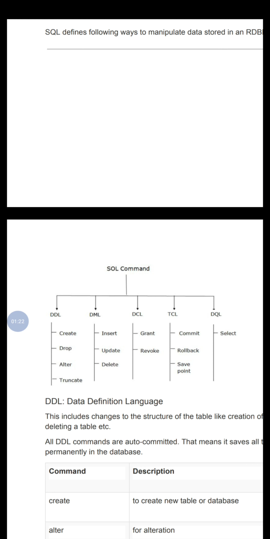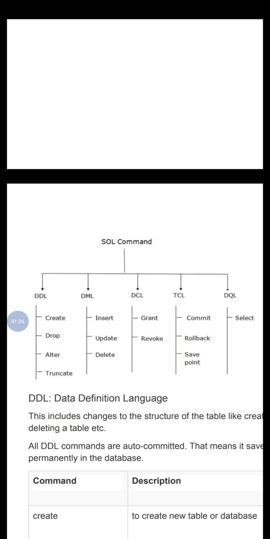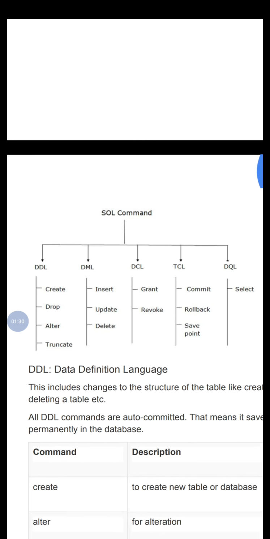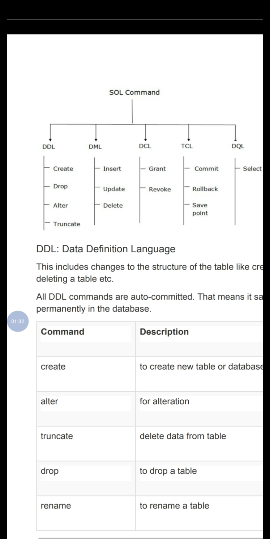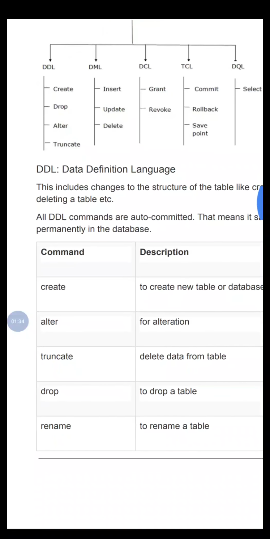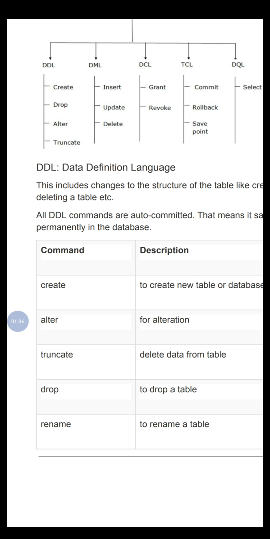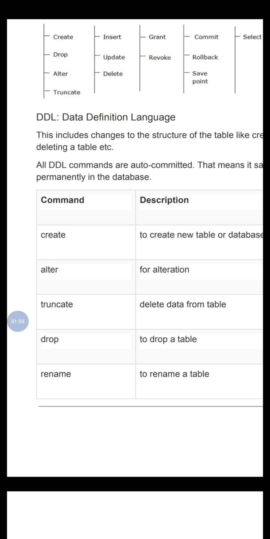Here we have 5 types of commands: DDL, DML, DCL, TCL and DQL. Here DDL stands for the data definition language, in which we have various commands. First is the create command, that is used to create a new table or a new data information.